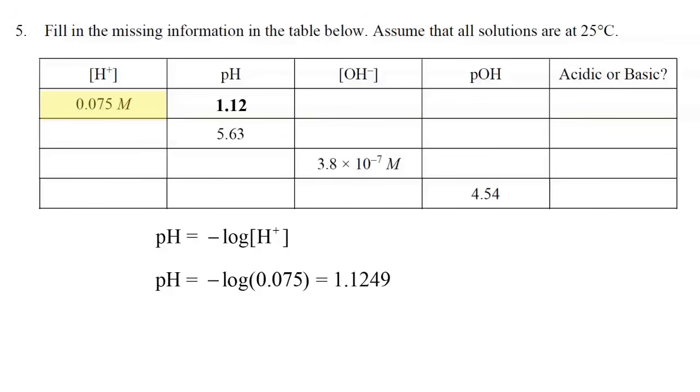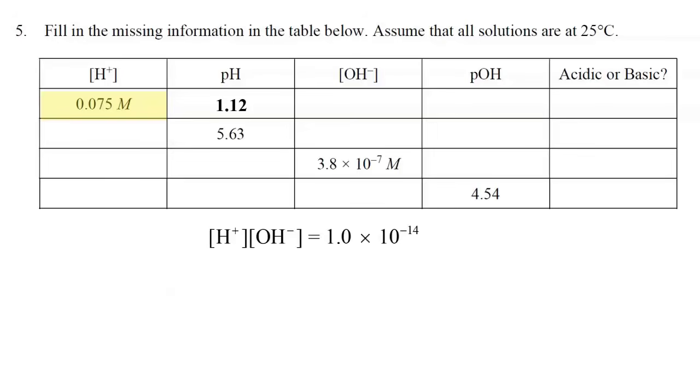Now let's take a look at the relationship between the concentration of H+ and the concentration of OH-. So the product of those 2 multiplied together equals the Kw, which at 25 degrees Celsius is 1.0 times 10 to the negative 14. Since I already know the concentration of H+ is 0.075, what I have to do is take the Kw and divide by the concentration of H+.